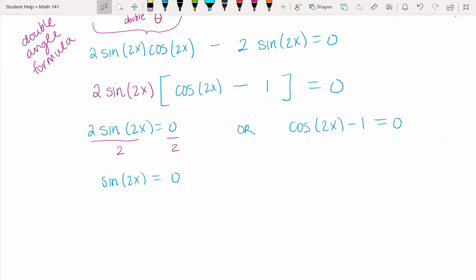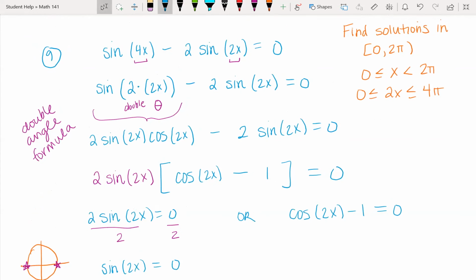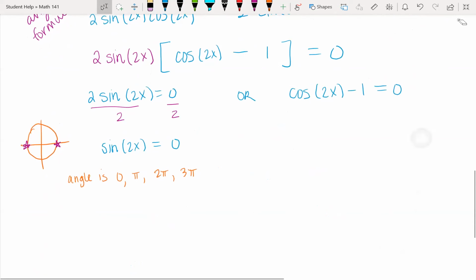So back here, sine is equal to 0 when the angle is either 0 or pi or 2 pi or 3 pi. Every time that we're at one of the axis points, that's where we're going to have the sine being 0. I'm not going to include 4 pi because that's not in the range. Oops, I made a mistake here. This should not be equal. We have not equality on the upper bound, but equality on the lower bound. 4 pi is not included, so I'm going to stop at 3 pi.